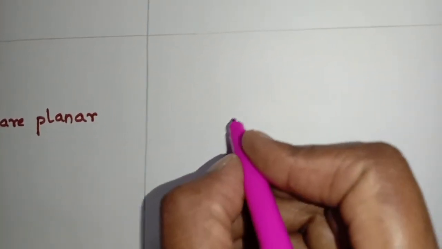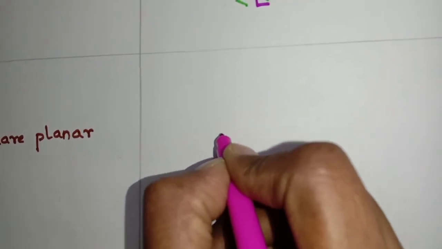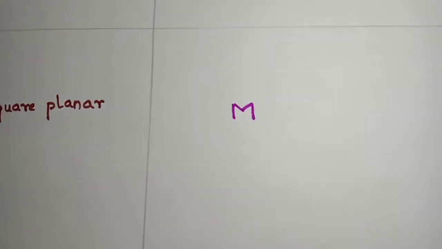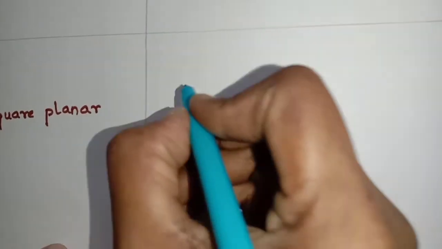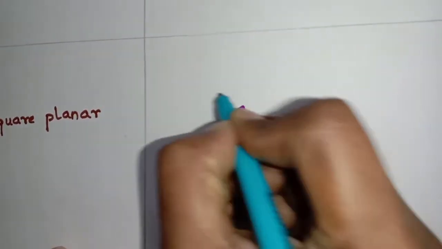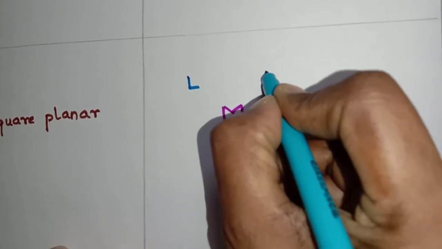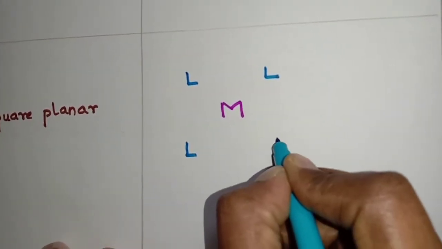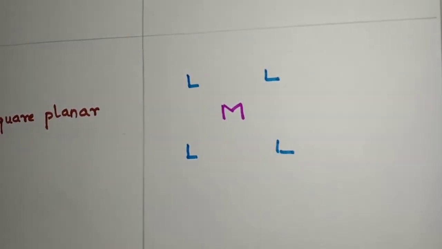Now look at the structure when the shape of the complex is square planar. So this is the central metal. Four ligands.